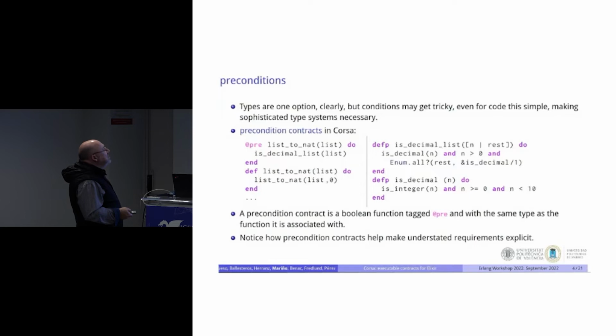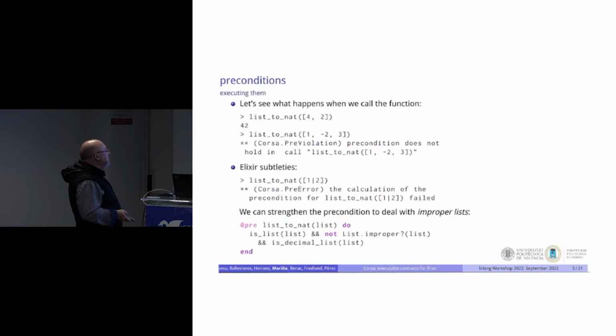Okay, it's a good question. Yes, because all we require is this to be a Boolean function. So we just split this for modularity or for incrementality. But we could have added this to is decimal list. It's strange because is decimal list is a function that you could use in other contexts, so I wouldn't contaminate it with, or maybe yes.